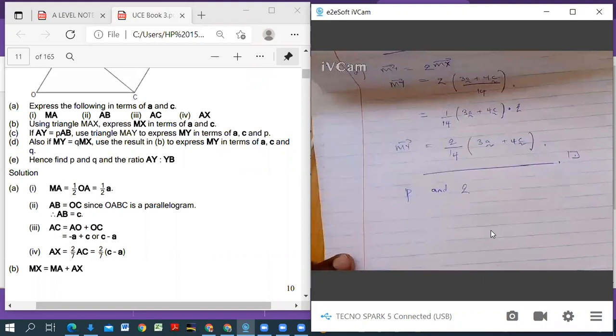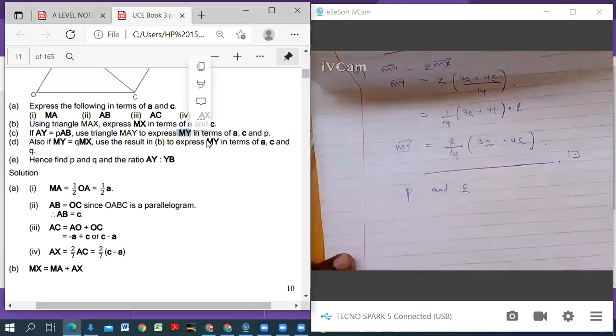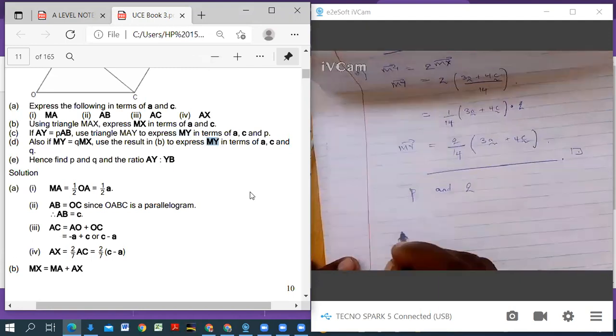So to find P and Q, first look at MY. What we are going to do is this. We have found MY 2 times, isn't it? We found MY in part C, and also in part D. So we are going to equate those MYs.